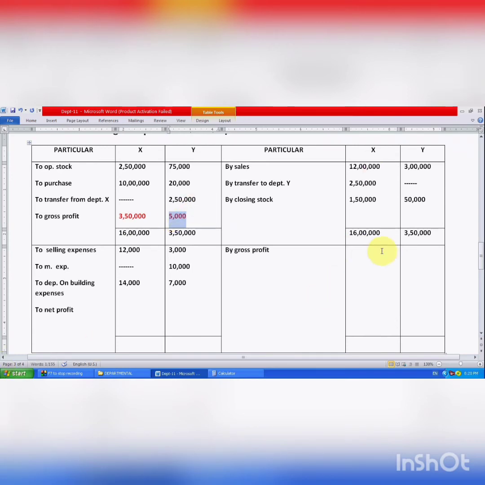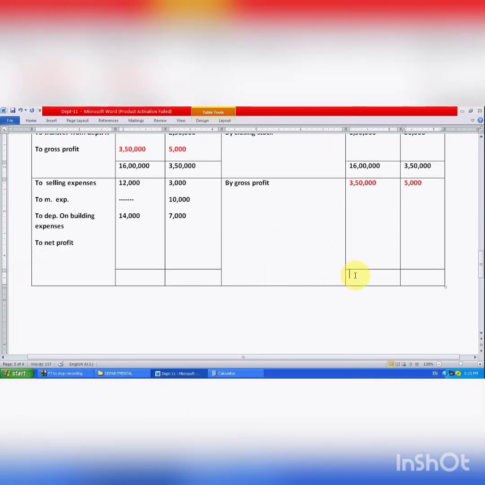Okay, so transfer this to here. 3 lakh 50,000 minus 5,000. Okay, so now right here 3 lakh 50,000. See here, in income the debit side is only 5,000, but expenses are more. So if expenses are more, there is a chance for gross loss, 100%.